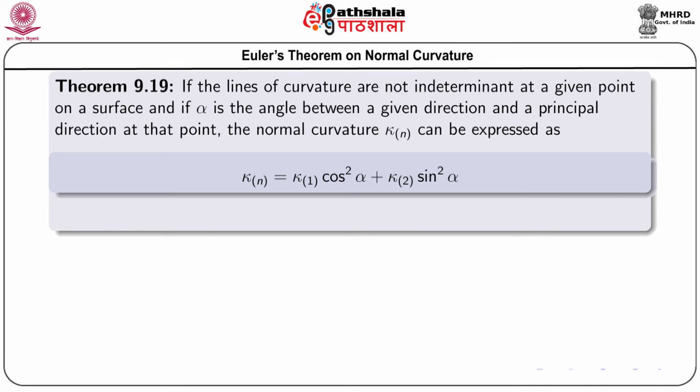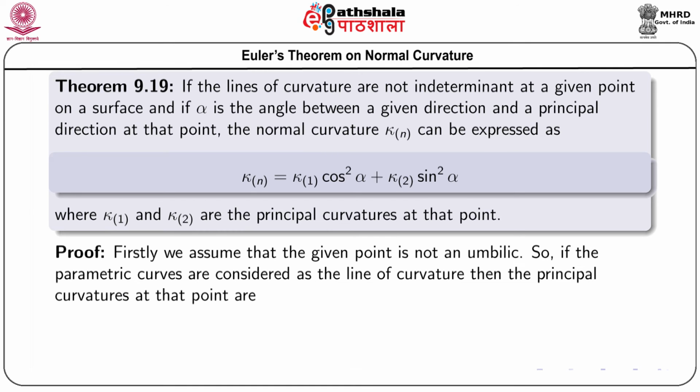Here kappa 1 and kappa 2 are the principal curvatures of the surface, and kappa n is the normal curvature of the surface. So this theorem relates the lines of curvature, the normal curvature and the principal curvatures. Let us see the proof of this theorem.